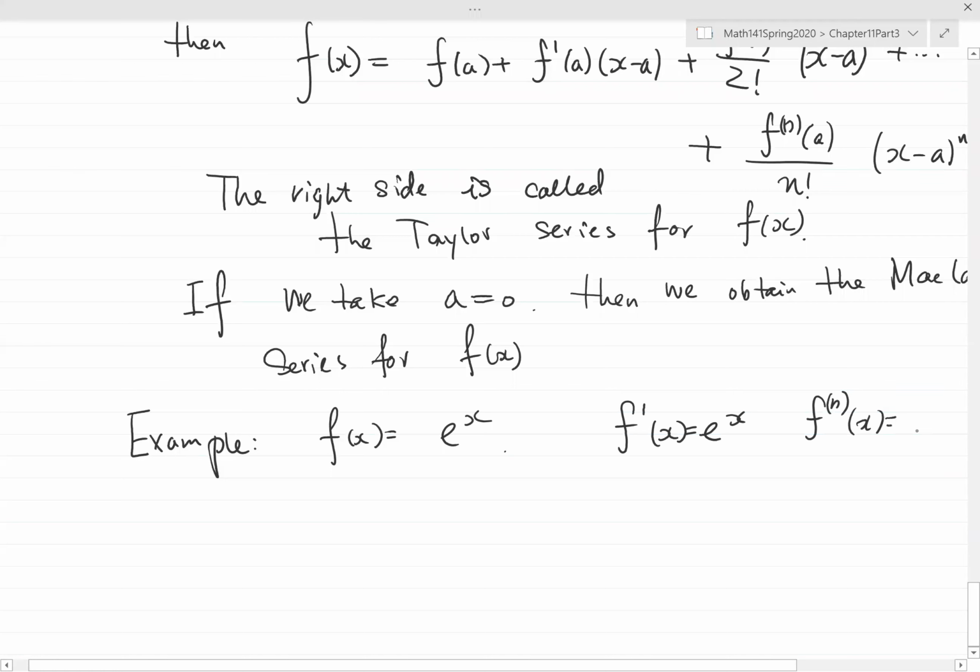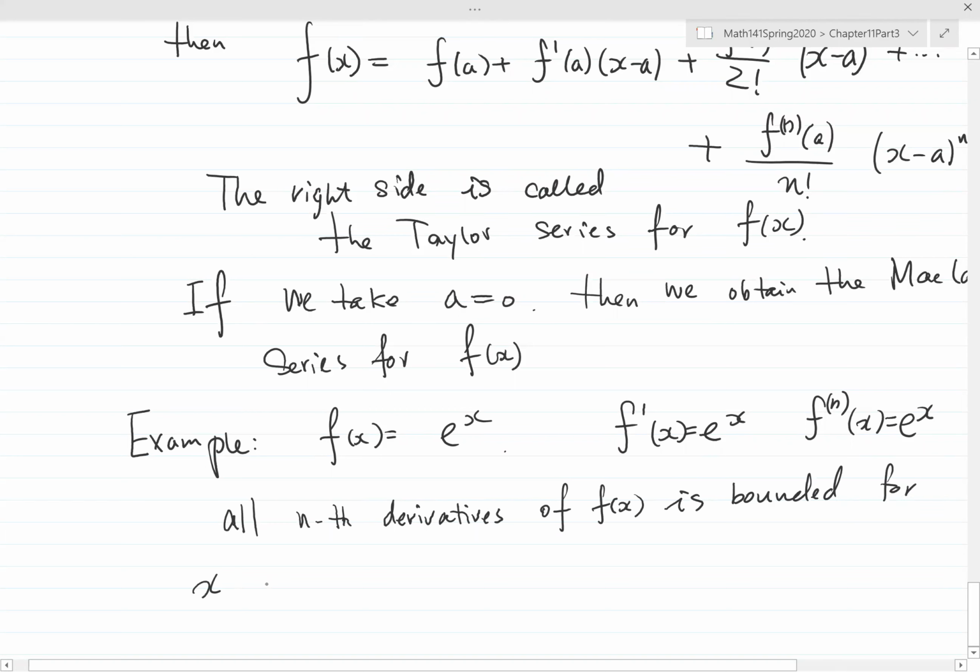Now e to the x is bounded, so the derivatives are bounded. All nth derivatives of f are bounded for x in some finite interval.